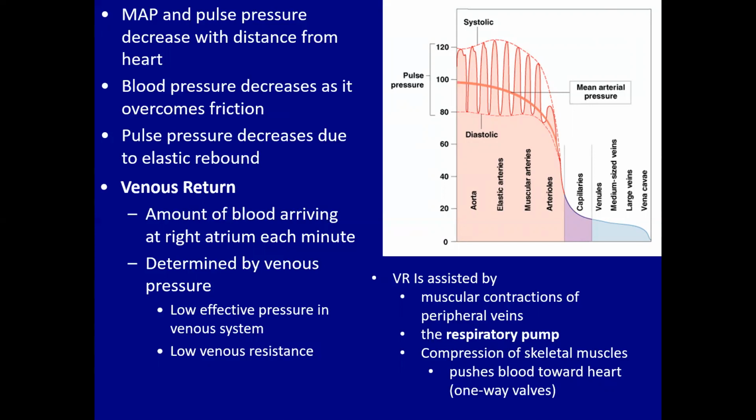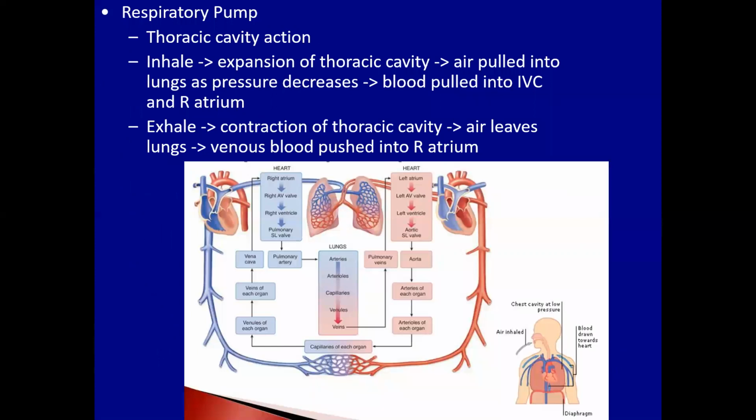And this venous return has got to be helped by muscle contractions and the respiratory pump. So here's a good image of your respiratory pump. This is what's happening in your thoracic cavity. When you inhale, take a breath in, you expand your thoracic cavity, and air is going to be pulled into your lungs, and that also pulls blood into your inferior vena cava and your right atrium.